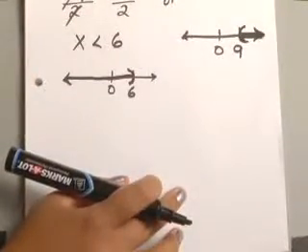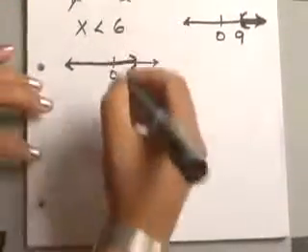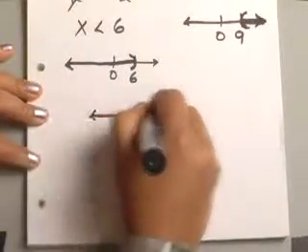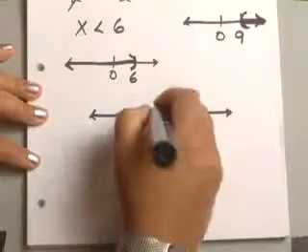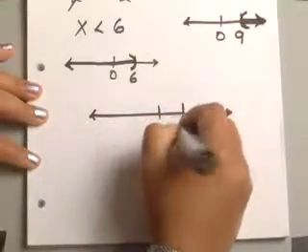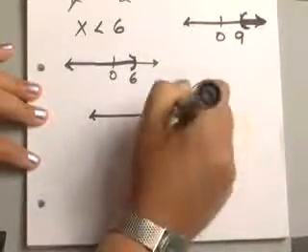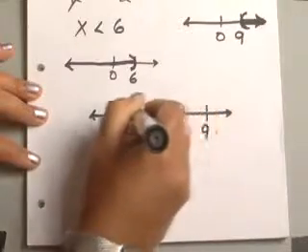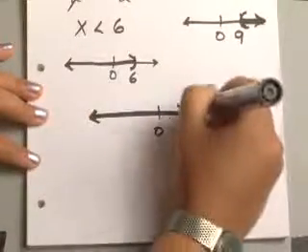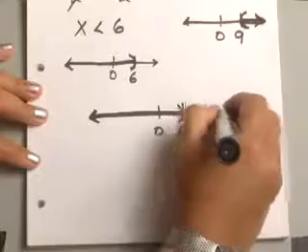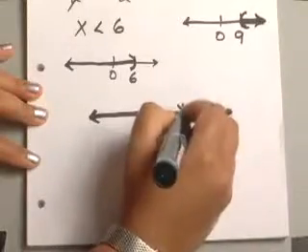Okay, now if we try to graph these two separate x values on the same graph, this is what that graph will look like. You have all values of x less than 6, or all values of x greater than 9.